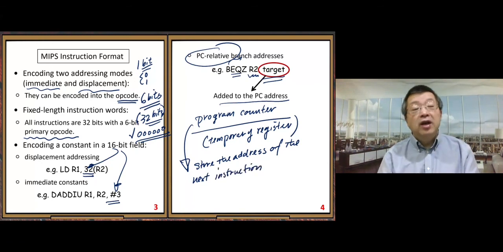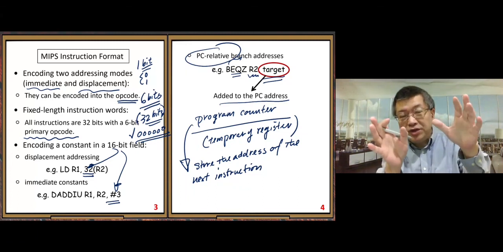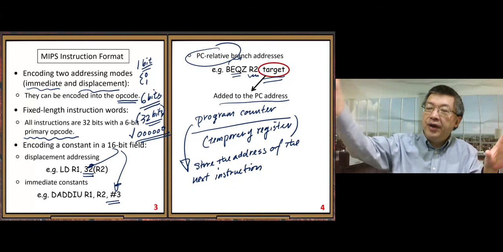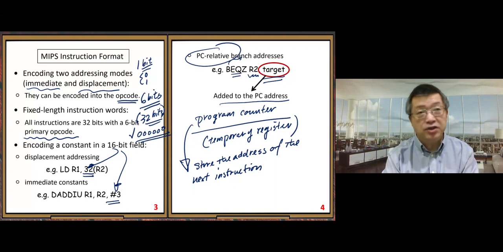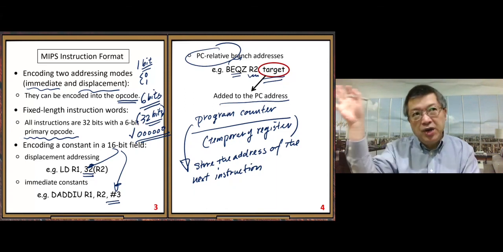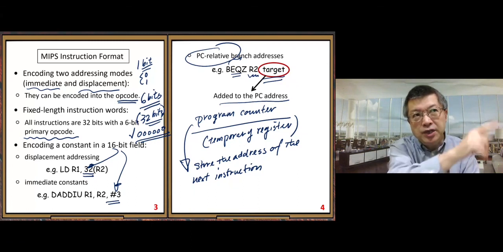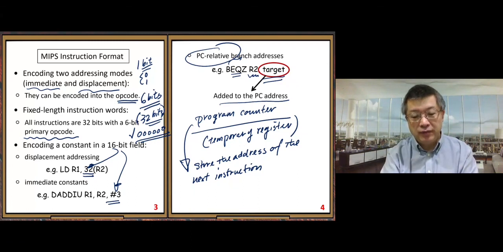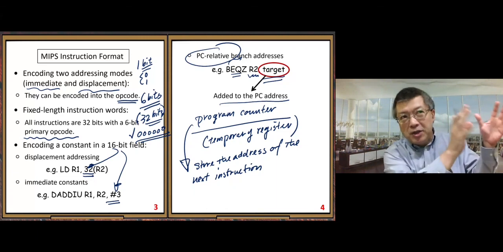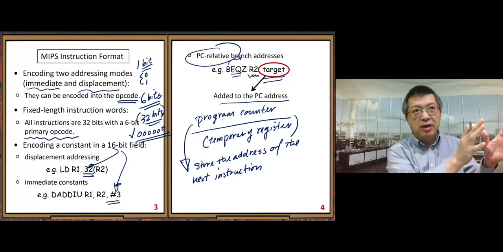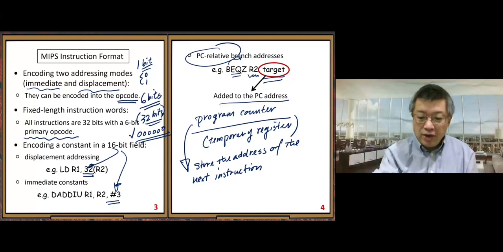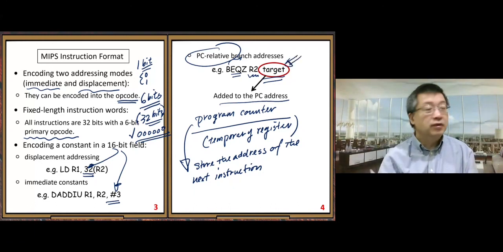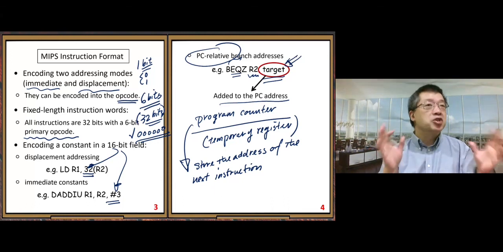You need to execute instructions one by one. After you finish the current one, you need to get the next one. To fetch the next instruction, you need its address, and that address is stored in the PC temporary register. Now for PC relative, you use the PC address as the base address, then you jump a certain number. That number is specified in the target field, which stores a constant, a displacement.